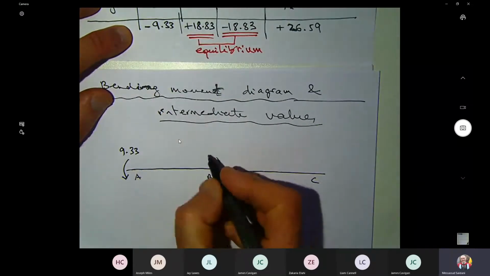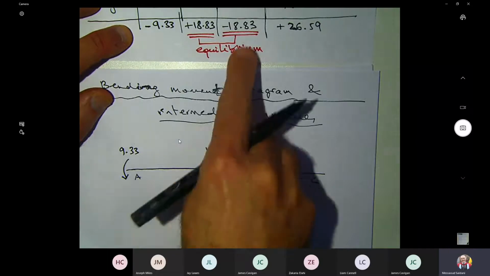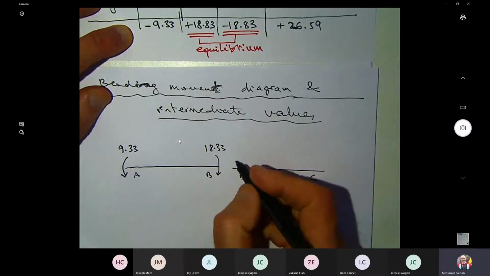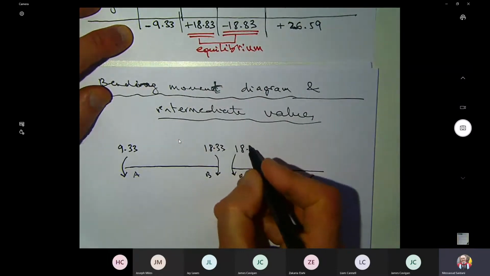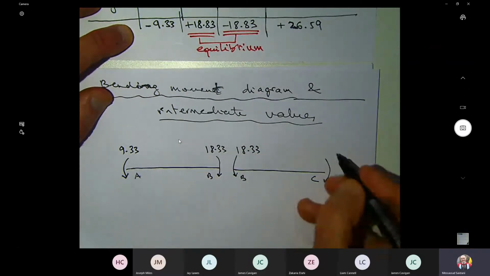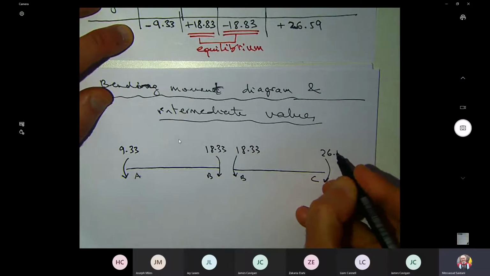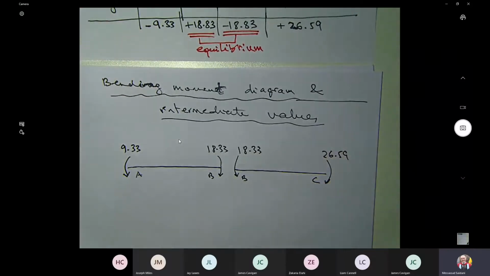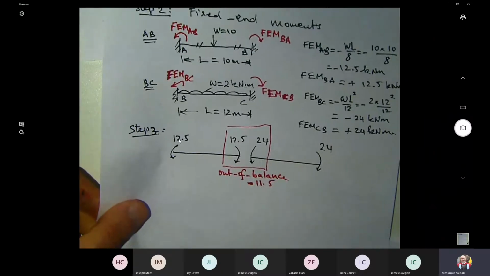So clockwise here, 18.83. Then we have anti-clockwise here, 18.83. And finally at C, we have 26.59 clockwise. Okay, and compare these two.